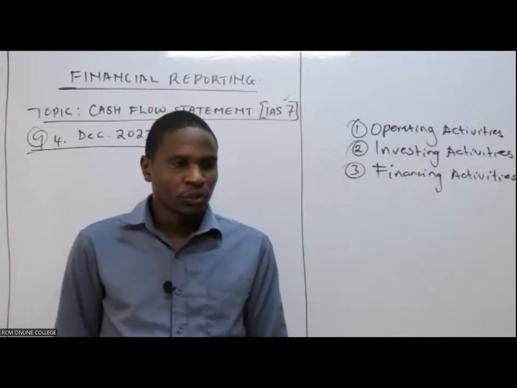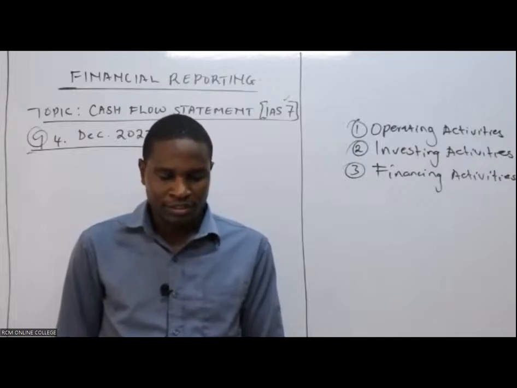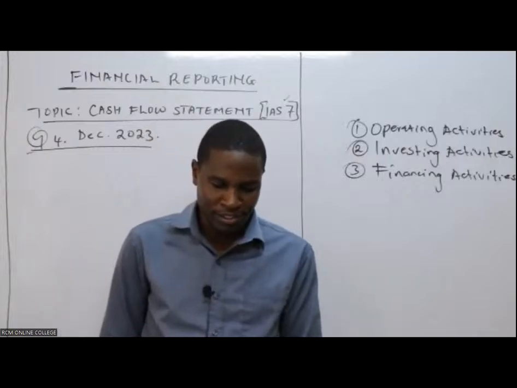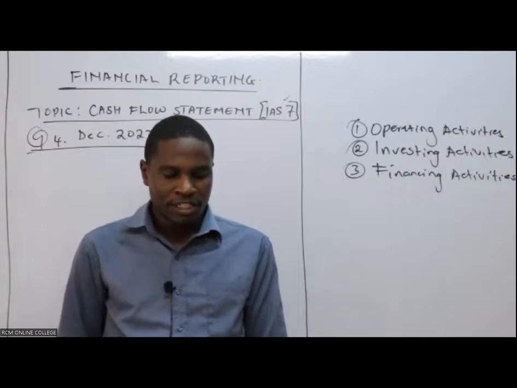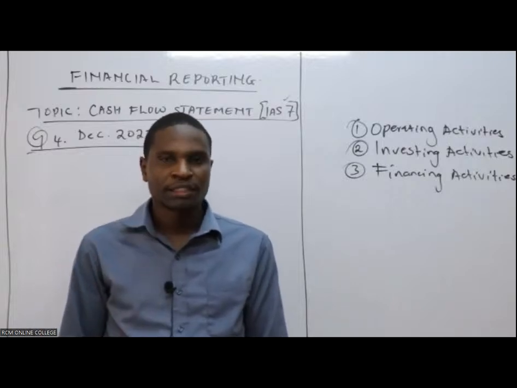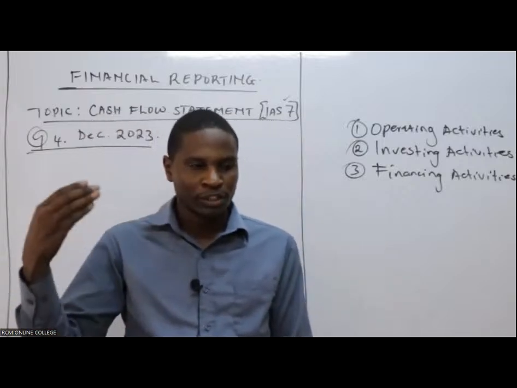Now, the question reads: the following financial information was extracted from the accounting record of Bundo Limited, a public limited company. We are given the statement of financial position as at 31st October 2023 and 2022.